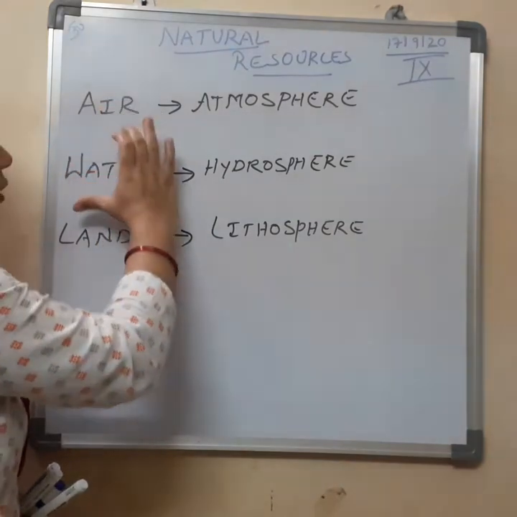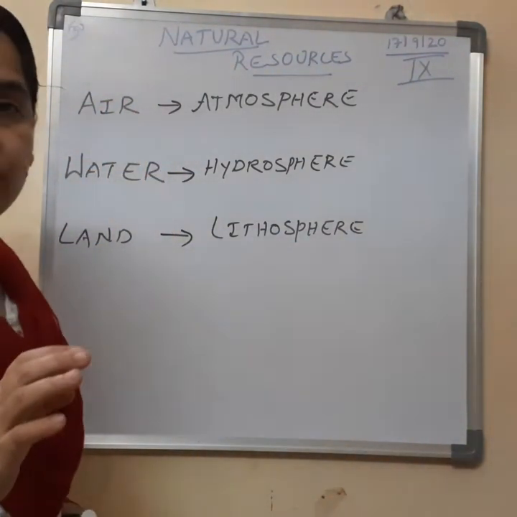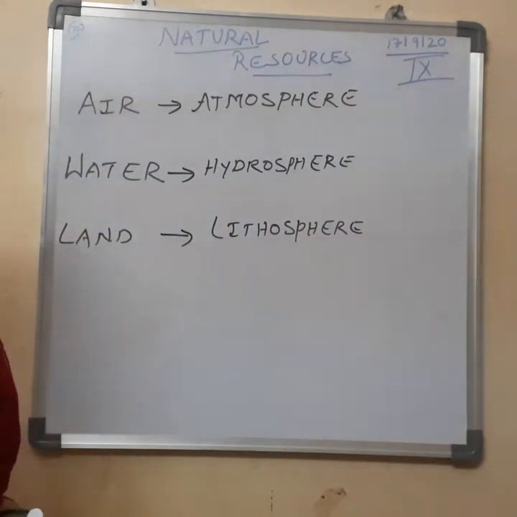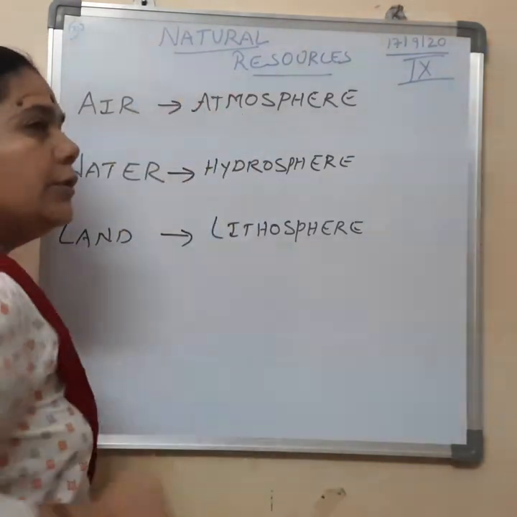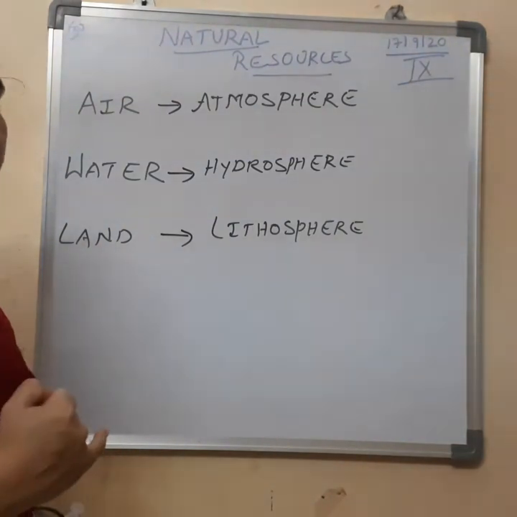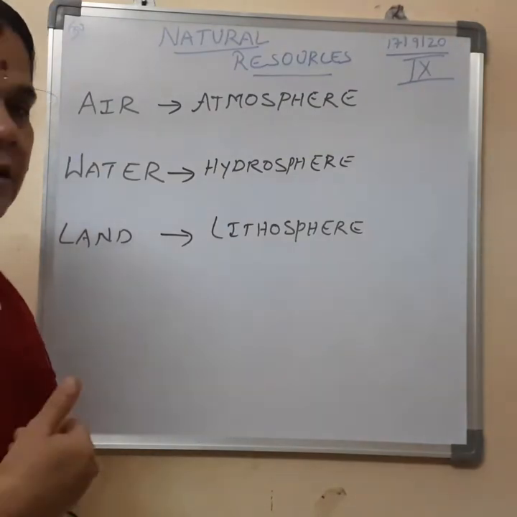Now, since all these three elements are present in nature, a living organism is able to survive. We all know, what do we take from air? We take in oxygen, and plants need carbon dioxide, isn't it? So they have two important gases, that is oxygen, carbon dioxide, and one more important gas, that is nitrogen. Similarly, water is needed for our survival. Okay, how?